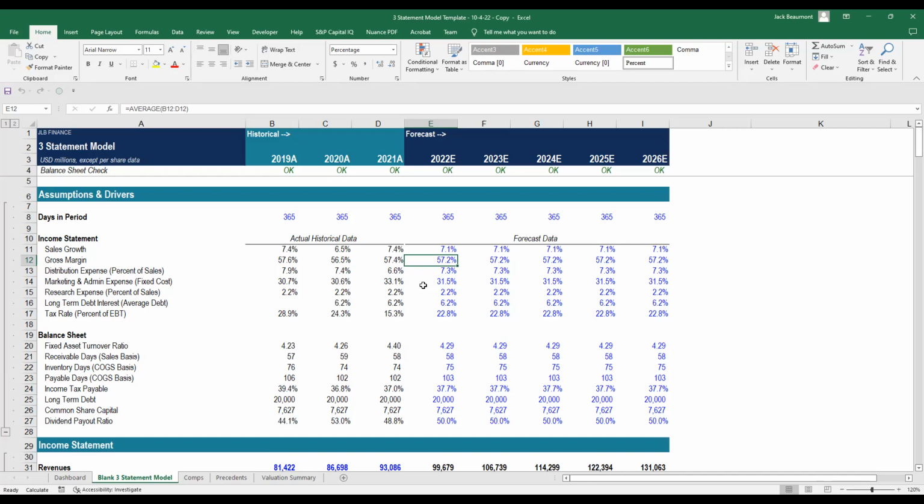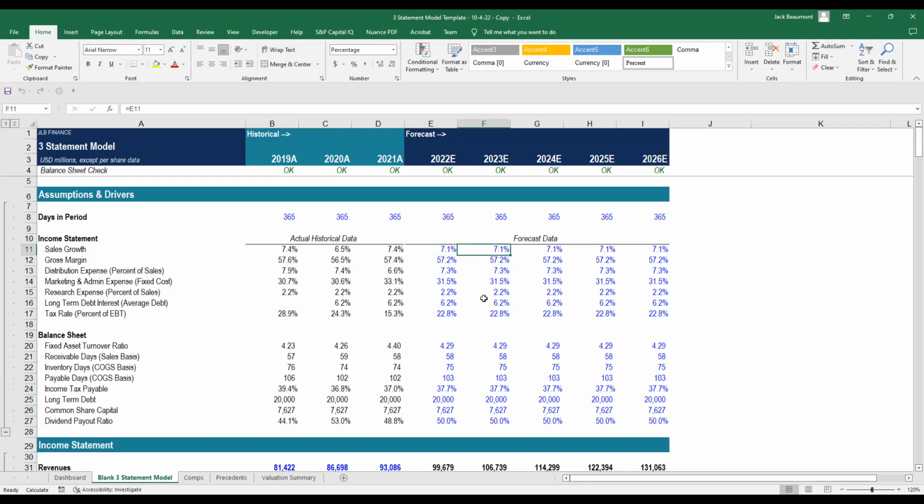But some small changes were made to the three statement model we began with. That was just to make this a little more dynamic, so that if we want to make changes to anything, it should flow properly through the whole model.